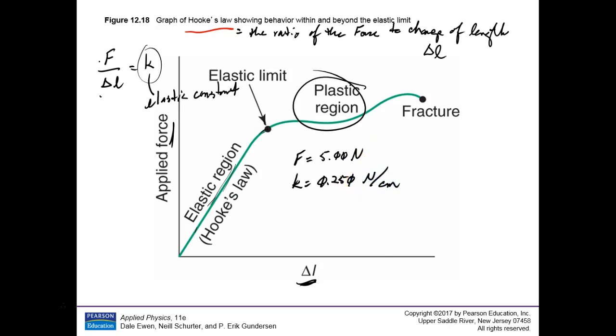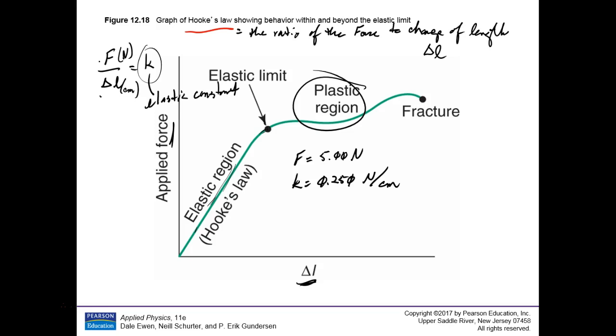Okay? Now, notice that the units are okay, because force is measured in Newton and length is measured in any length measurement. This one happens to be centimeters. Okay? Now, find its change in length.